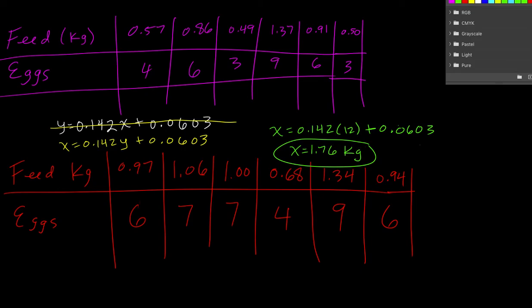Okay, now the next thing, the number of eggs laid in a fortnight by a hen that ate 1.2 kilograms. So once again, we're just going to use this thing, but we're going to say 1.2. We're going to plug in an x value and then solve for the y value. Okay, so we just subtract this from both sides.